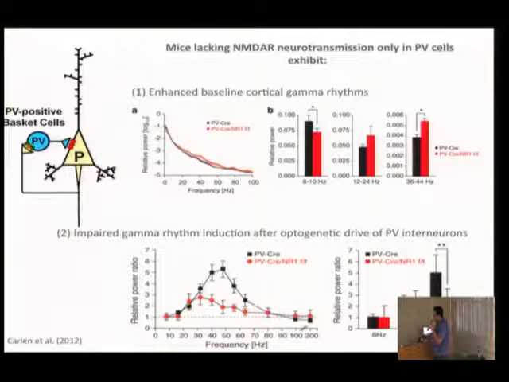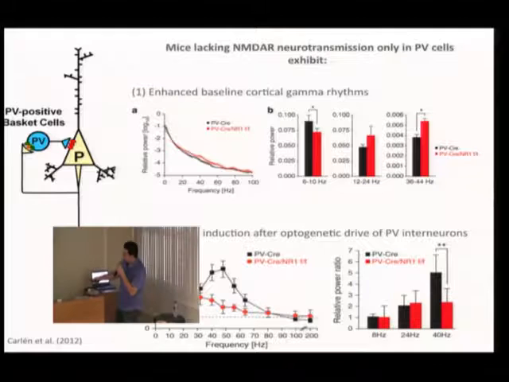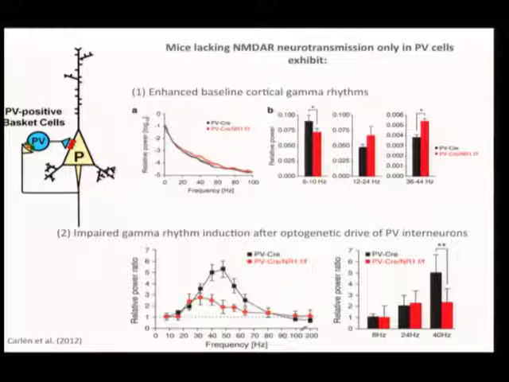But the main problem here is that you can see enhancement of gamma oscillations at baseline condition. But you can also, if you drive PV cells to produce gamma oscillations like I showed before, and this is the PV-Cre animals, from 30 to 60 you can see the enhancement of power.